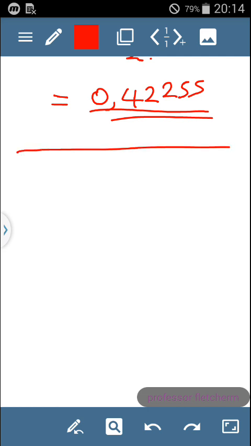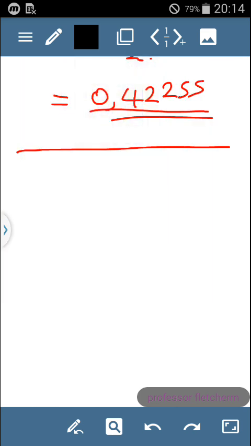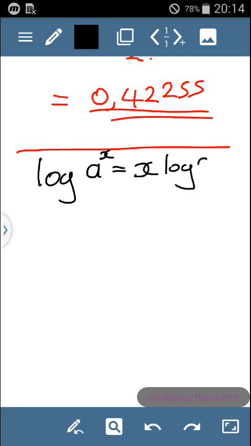For the second part, we are going to use again one of the other laws. The law says log a to the power x is equal to x log a. My a is not coming out well.